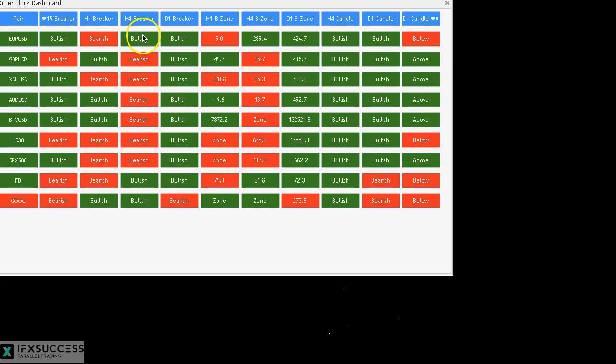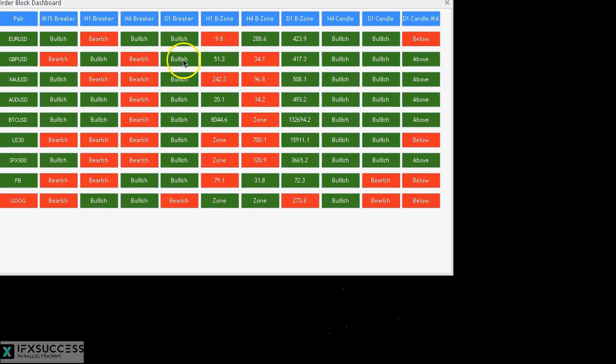So let's say right now we have a 4-hour bullish breaker, and then we got a 15-minute breaker on the euro dollar. Well, then this would be a nice buying opportunity. Let's say here on pound dollar, we have bullish candles, and we have a bearish breaker under the 4-hour.